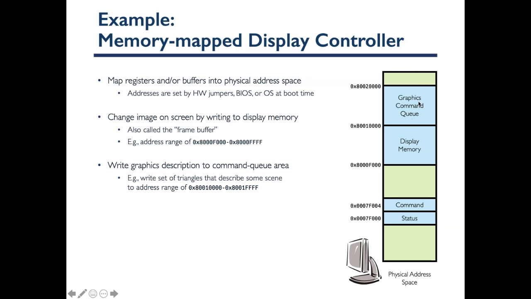That's sort of what this could be used for. We can just use our store command to write to this queue, and when we write to it, the hardware controller knows that this range is allocated to it, so it will copy them into its internal buffers and then execute those commands.